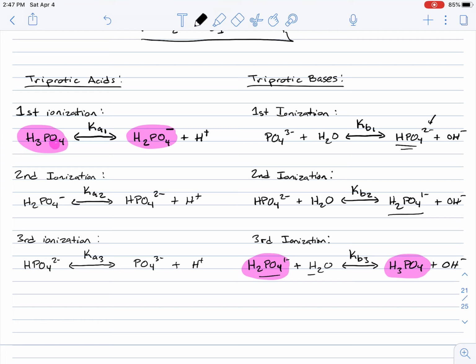So it looks like the first ionization of that acid and the last ionization of the base are related to each other. The conjugates are just opposite of each other. And therefore, their Ka values and Kb values are also related, such that Ka1 times Kb3 is equal to Kw. So that's something that you have to keep in mind.